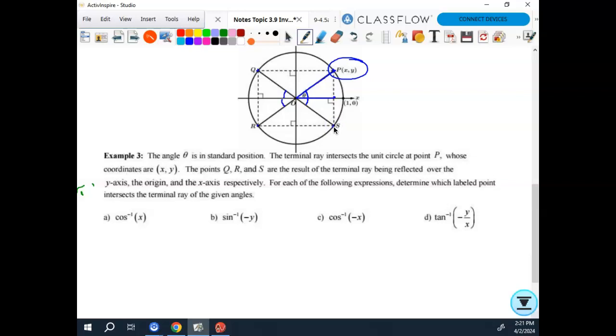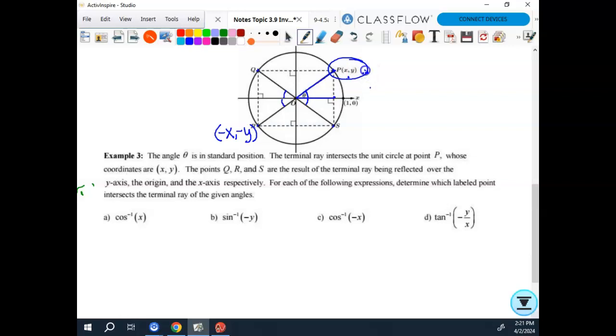All right, so then for each of the following expressions, determine which labeled point intersects the terminal ray of the given angles. All right, we are going to label our ordered pairs. Even though I know this probably seems super easy, you have to be careful on how this is labeled. Since this point is labeled x, y, this point is negative x, negative y. I could, from the very beginning, make this point negative x, negative y.